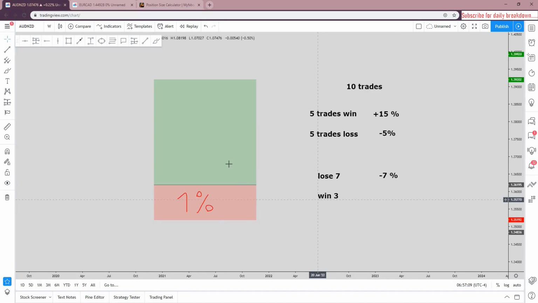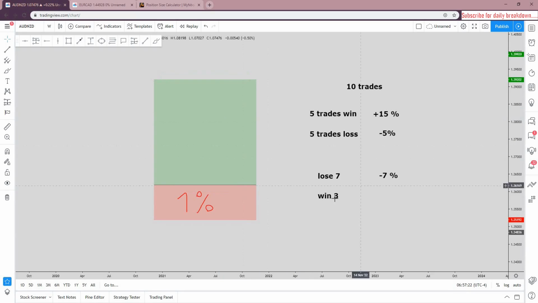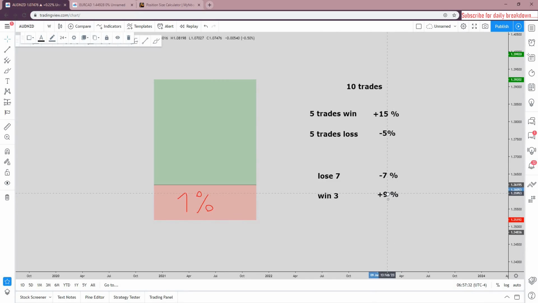But the 3 trades we win, obviously we need to do 3 times 3, because we're risking 1% to make at least 3%. So if we win 3 trades, it means that 3 times we won 3%. So we will have a gain of 9%. As you can see, you only won 3 trades out of 10.